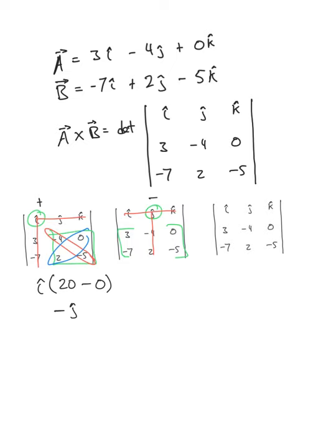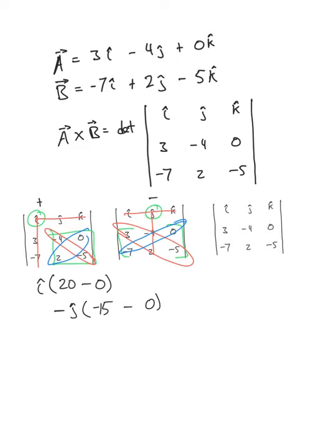And again, I multiply the bottom right and top left, and then subtract the multiplication of the top right and bottom left. So this leads to -15, 3 times -5, minus -7 times 0 is again 0.